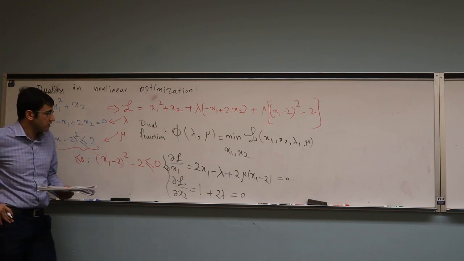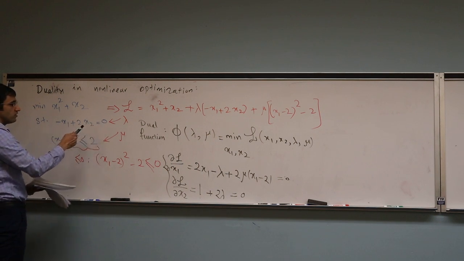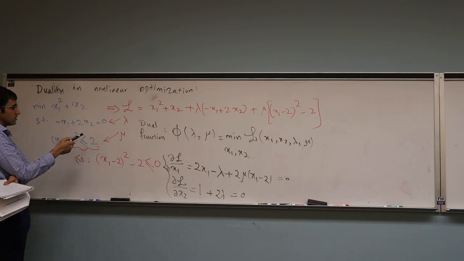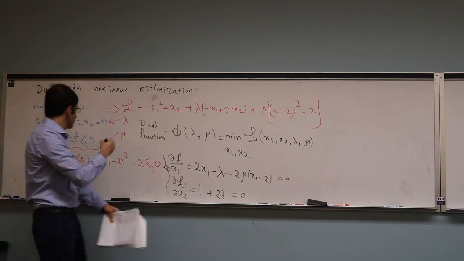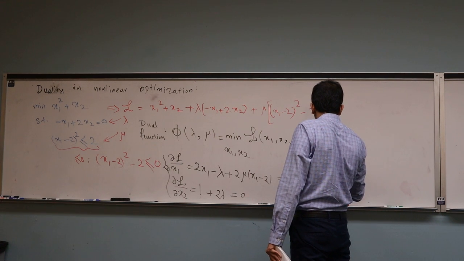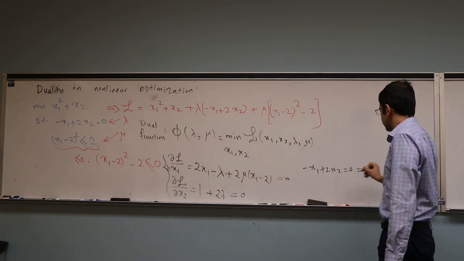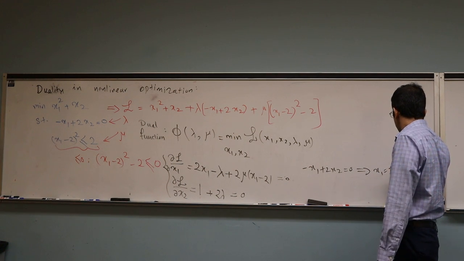We also have the constraints of the original problem. They are going to be satisfied, right? So we know that this should be a feasible solution of the original problem also. So looking at this, what it tells us is minus x1 plus 2x2 is equal to 0. So we can conclude that x1 is 2x2.